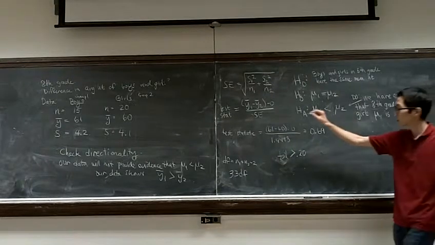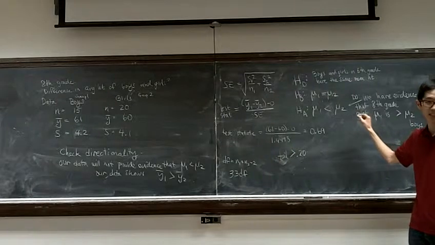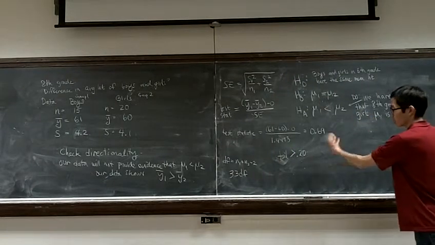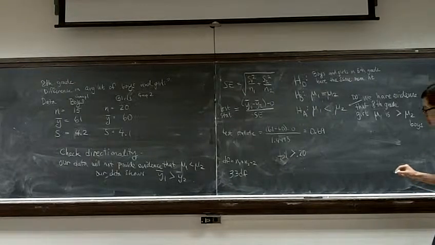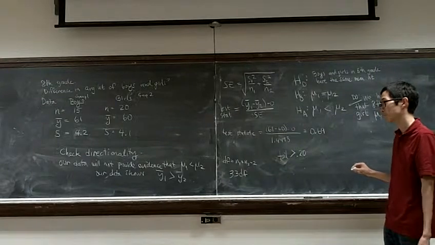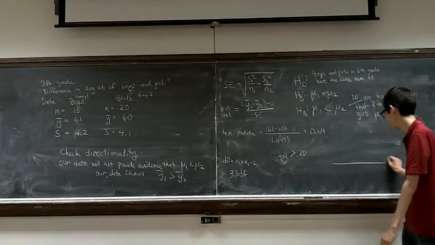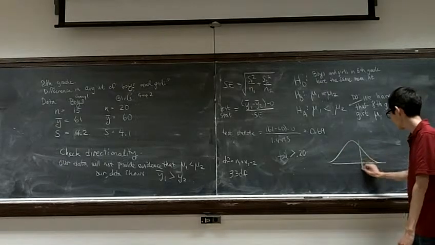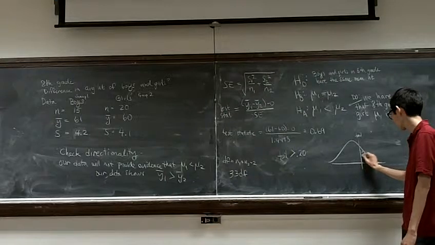When your data goes contrary to the directionality, the amount in the tail flips around. You do a 1 minus. So in this case, you have to pretend it's not the tail. So here we know that our tail is more than 20%.